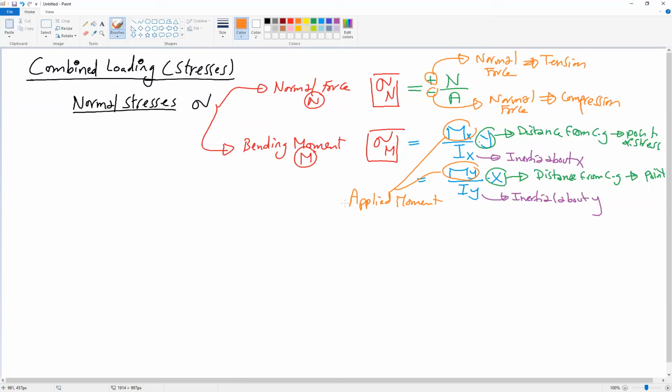Okay, we can explain this with an illustration figure. For sigma N, again, N by A, positive or negative.